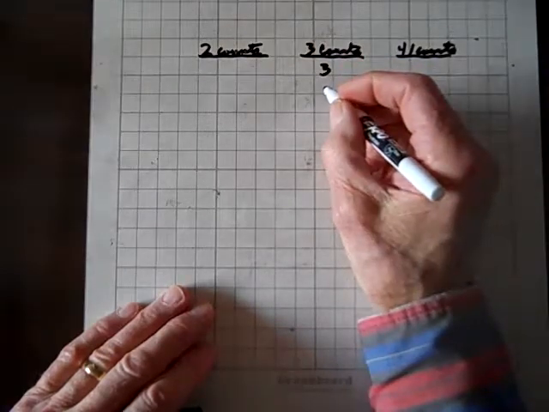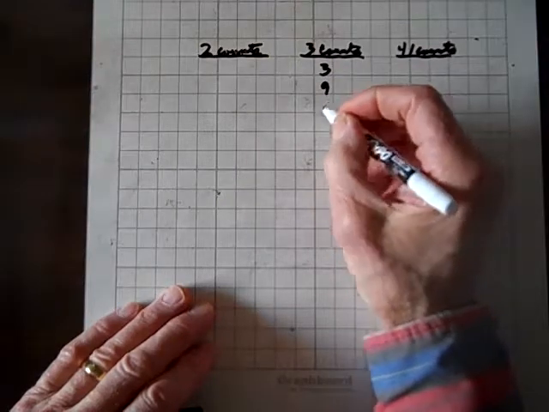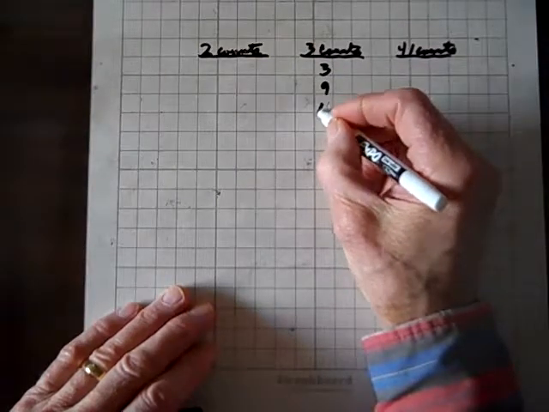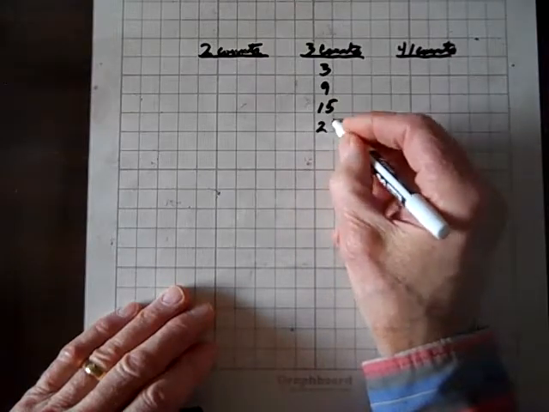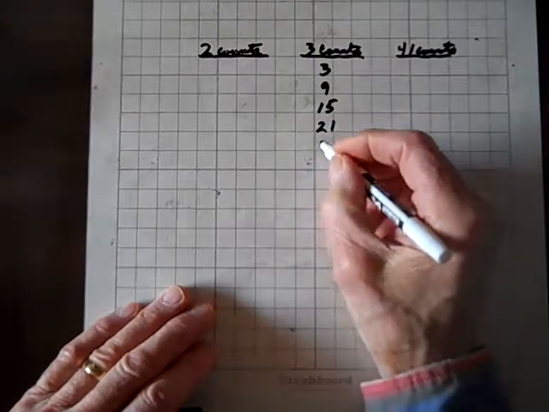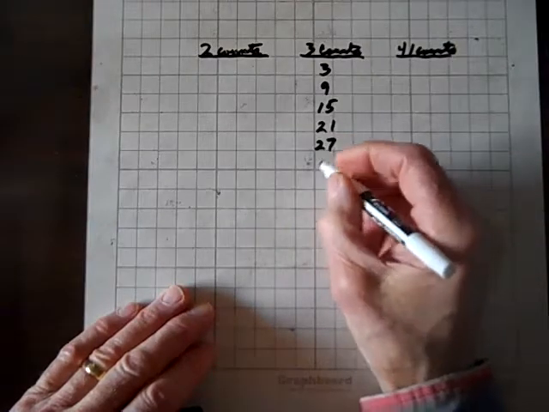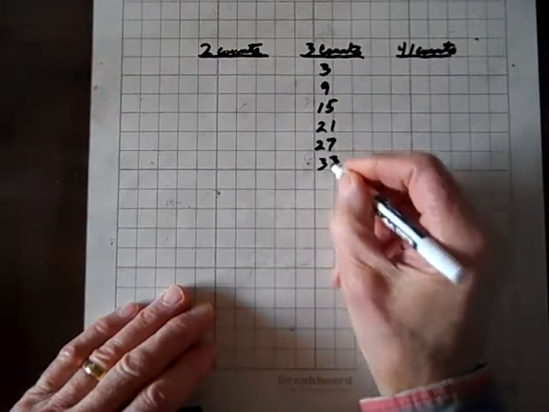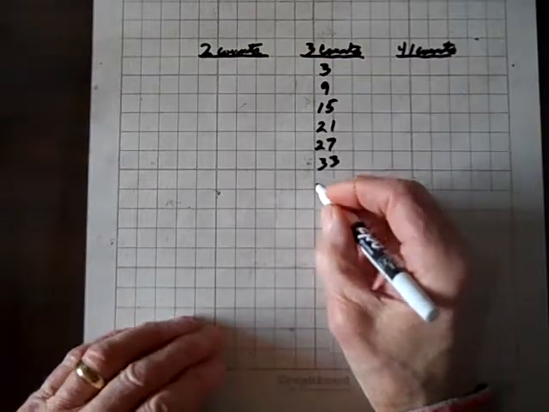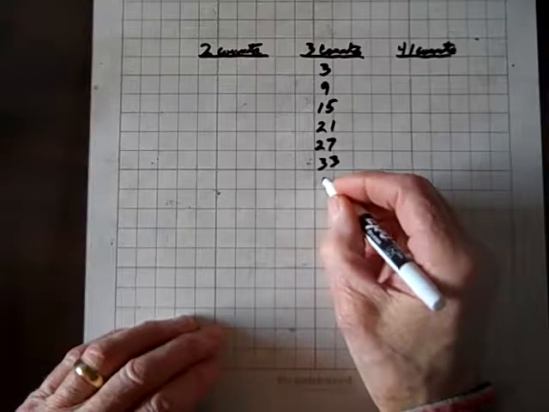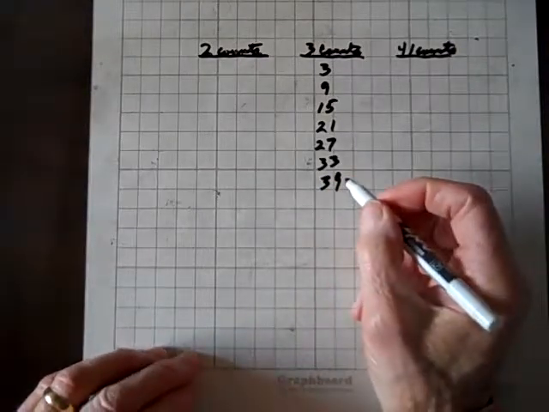3 times 3 is 9, 5 times 3 is 15, 7 times 3 is 21, 9 times 3 is 27, 11 times 3 is 33, 13 times 3 is 39, and we can't go any farther than that.